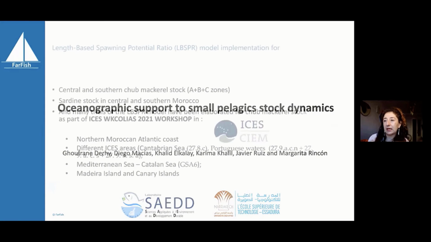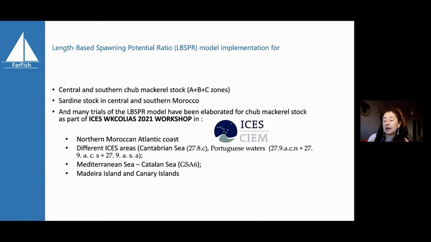Along with it, we have been developing together different models, in particular the data limited model, DLM. In this case, we call it the length-based spawning potential ratio, LBSPR, which has been implemented for the chub mackerel, which in Spanish is known as tonino or boquerón.